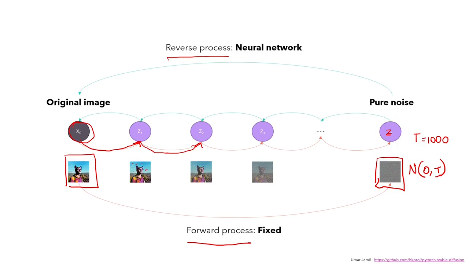We don't know how to take this one and just remove noise. There is no closed formula on how to do it. So we train a neural network to do this inverse process, to remove noise from something that has noise. If you think about it, it is much easier to add noise to something than it is to remove noise from it. That's why we are using a neural network for this purpose.